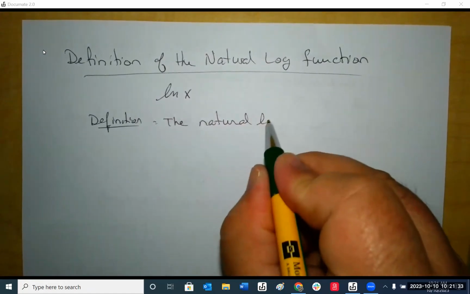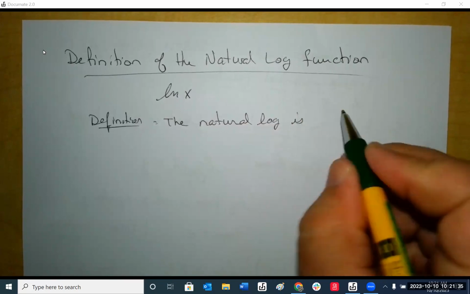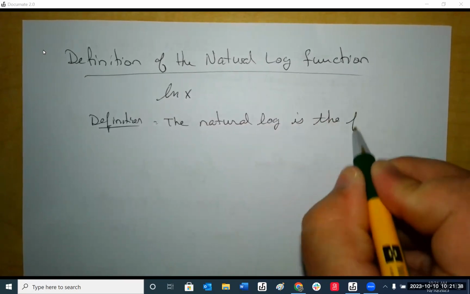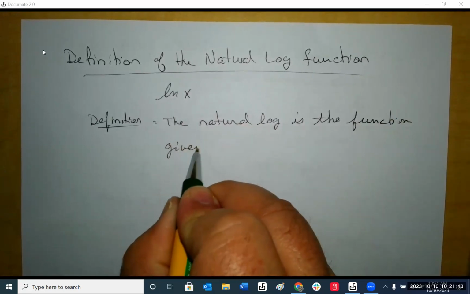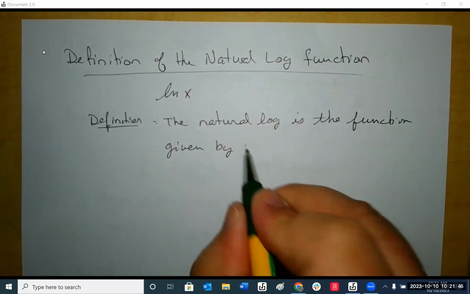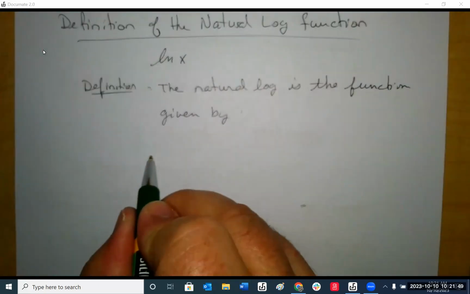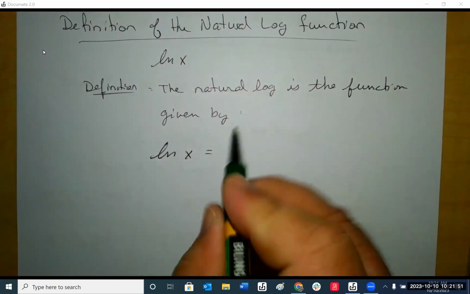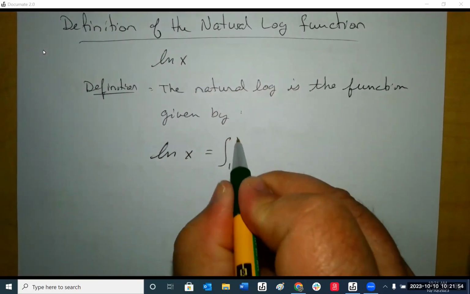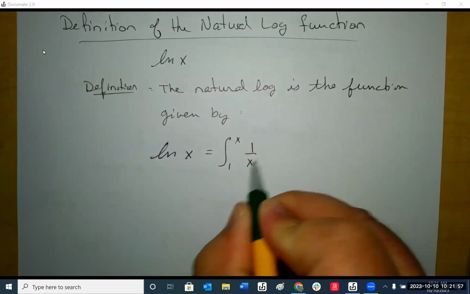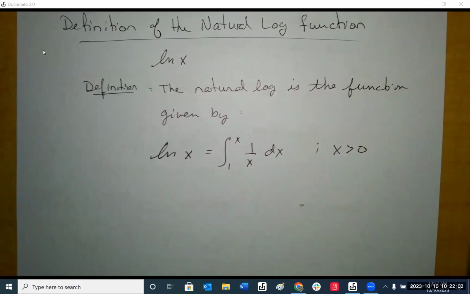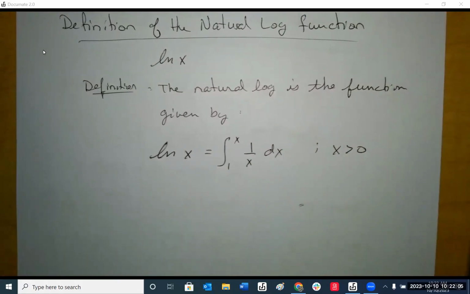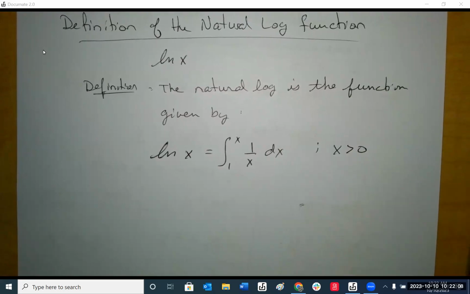The natural logarithm, or natural log, is the function given by the equation ln x is equal to the integral from 1 to x of 1 over x dx. And for logarithms, x cannot have a negative value. So the x has to be a positive number.